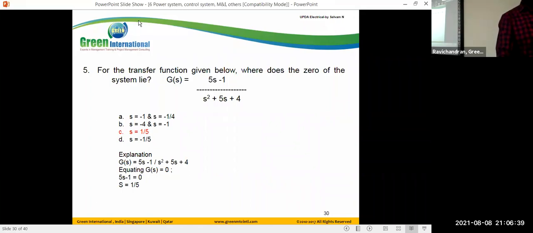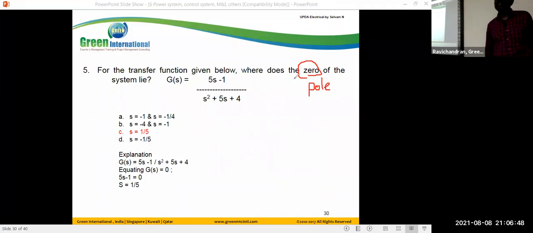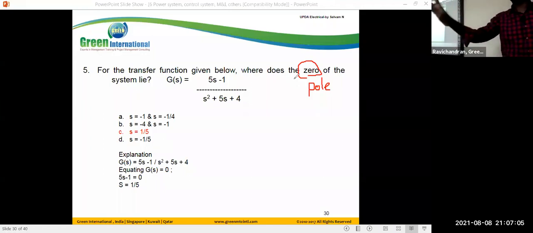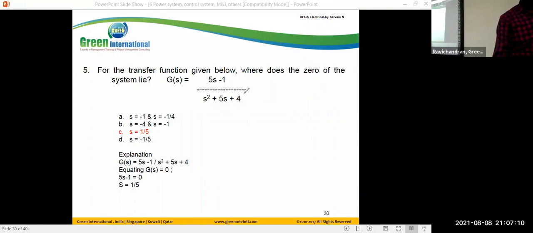And we need to find the zeros and poles. We have 2 questions. In our college, zeros and poles is the biggest topic. To find the zeros and poles, equate the given equation to 0 and solve for the value.